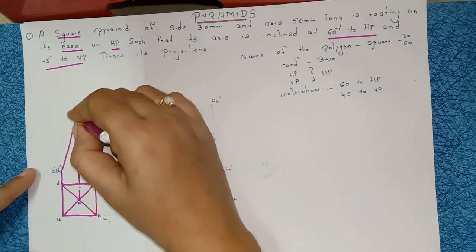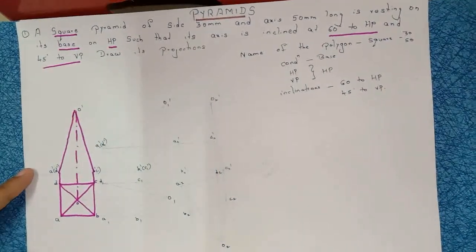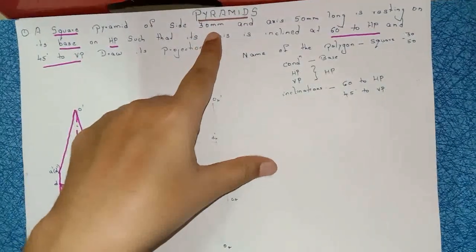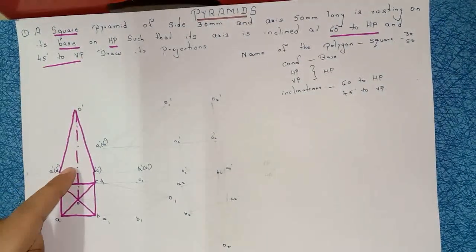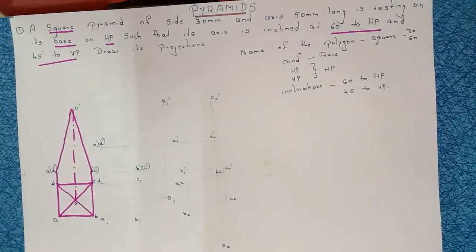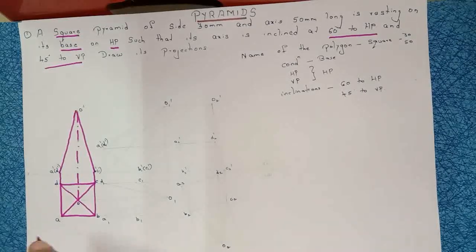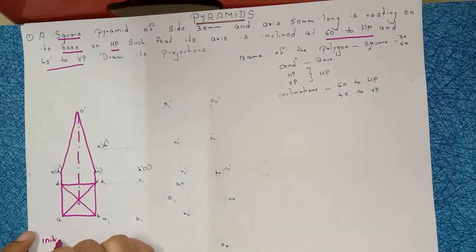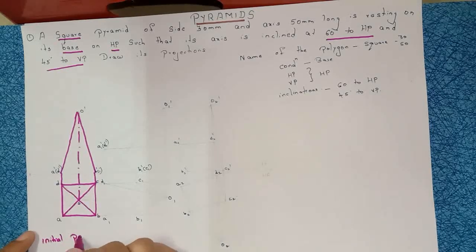Join these two corners to the O point. We are drawing pyramids, and a pyramid is bounded by triangular faces. So in the front view, you have to construct the triangle. This will be your initial position.